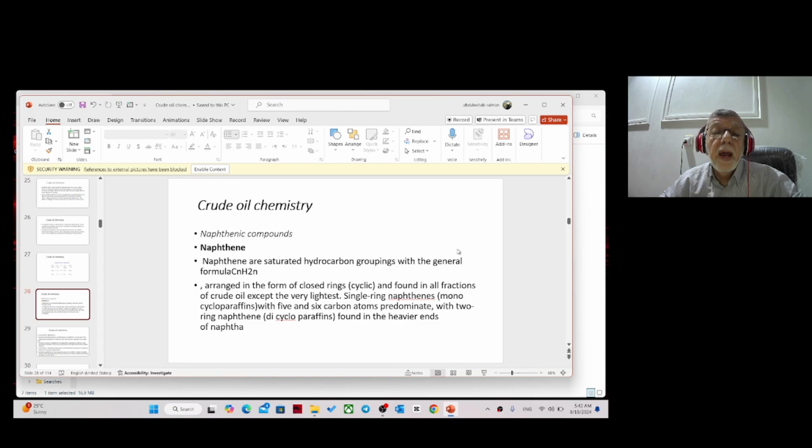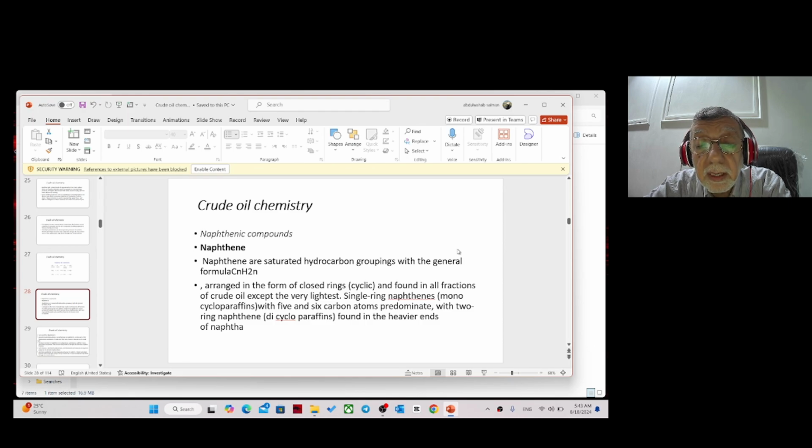Now we come to another type of compound in crude oil, which is called naphthene. Naphthenes are saturated hydrocarbons with general formula CnH2n, arranged in the form of a closed ring, cyclic. They are found in all fractions of crude oil except the very lightest; they are not found in the first two fractions, but from the third fraction they are found in crude oil.